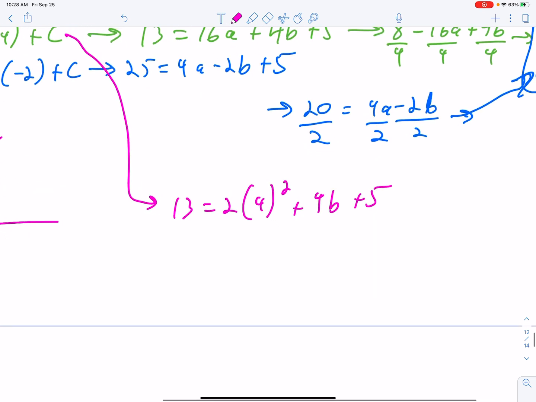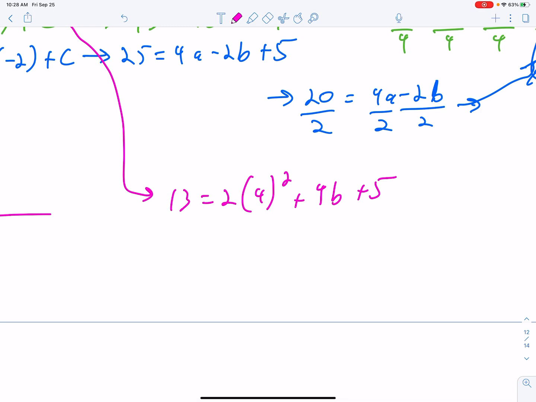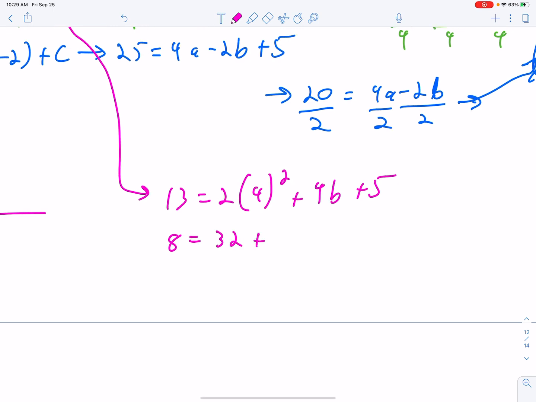Okay, so we're going to use algebra to solve here. So let's see, we'll subtract 5 from both sides, so 8 equals, and I'm going to multiply all this together. So remember PEMDAS. First square the 4, which is 16, then multiply by 2, which is 32. Okay, so 32 plus 4b, we already subtracted off the 5.